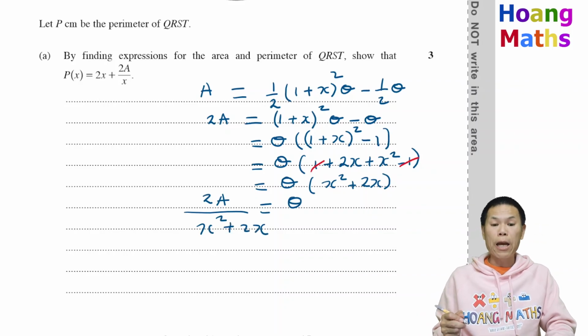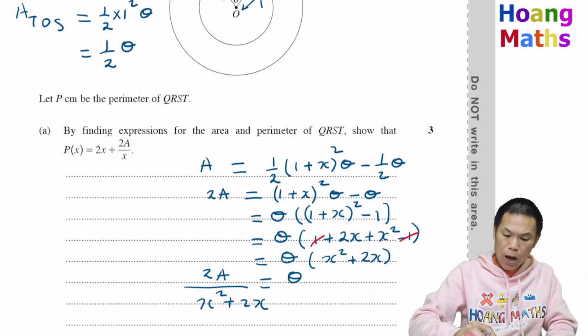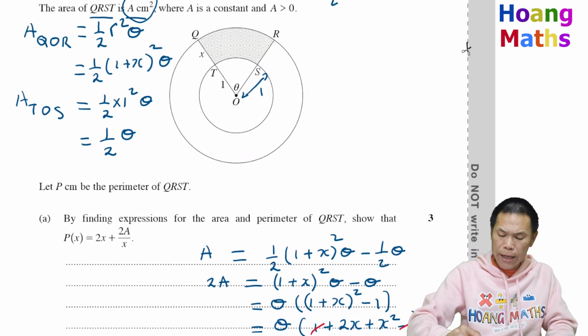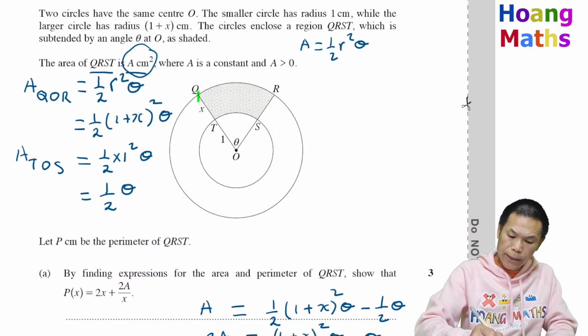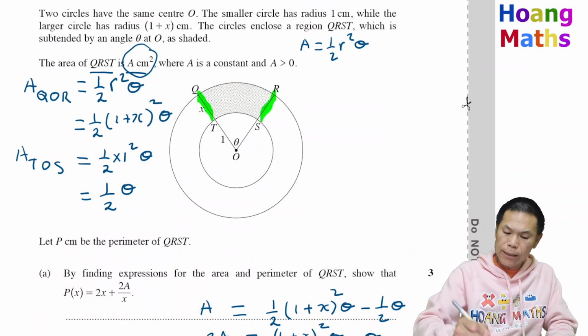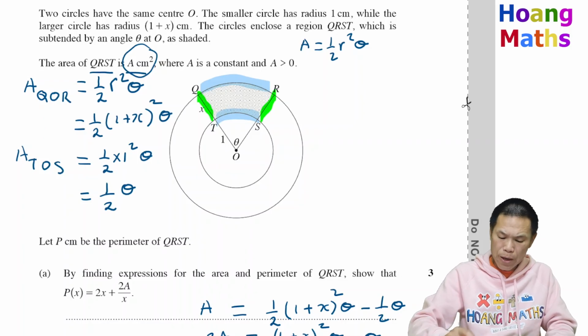So please keep that in mind for me. Now we know the perimeter of QRST is this. So we have x here and we have another x, so 2x, plus the arc lengths. Let me just write this down.